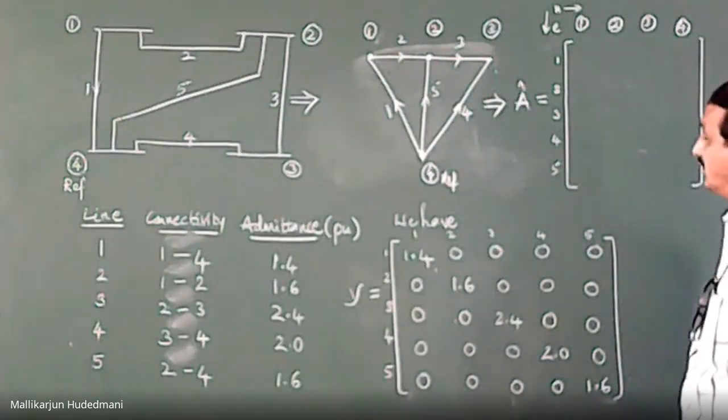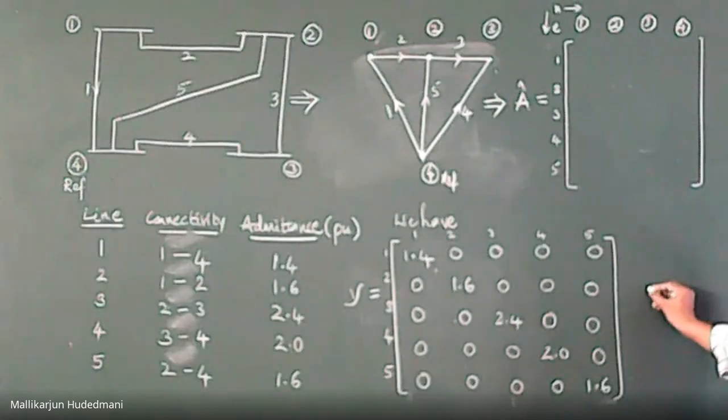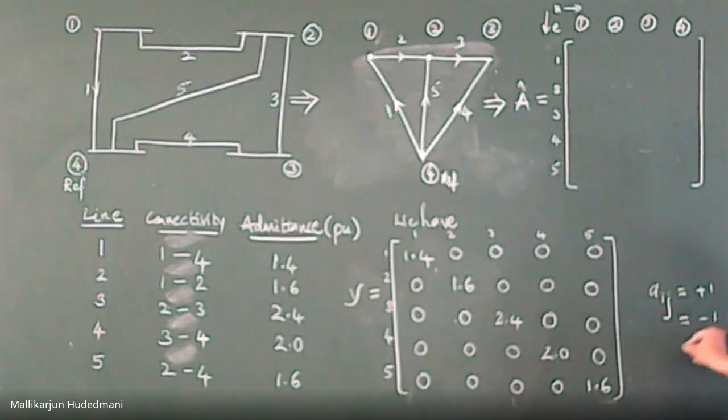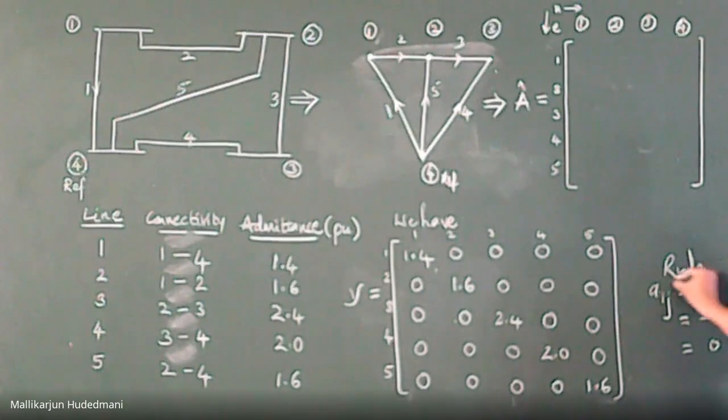How will I follow? Hope you remember the equation. What is that rule? Aij is equal to +1, is equal to -1, is equal to 0. This is called the rule of entry of elements into the matrix. How is that?